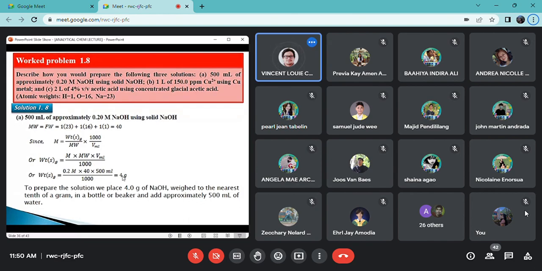Okay? So in the laboratory, what you will do now is to weigh 4 grams of solid NaOH. And since it's just 4 grams, you can't use just any other weighing scale. You have to use an analytical balance.